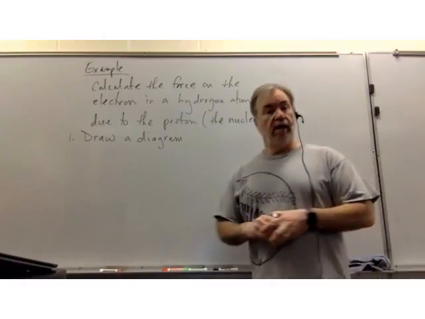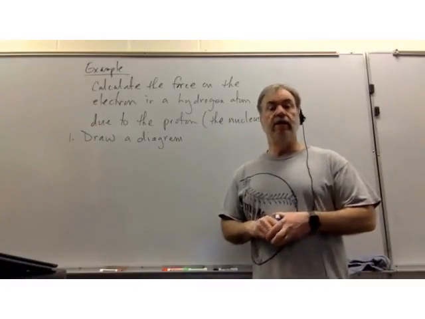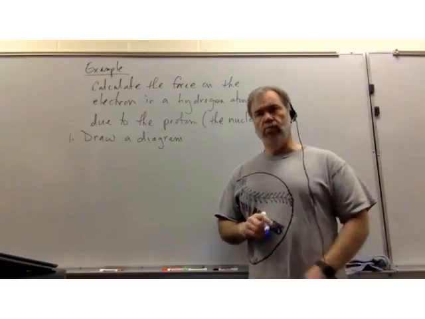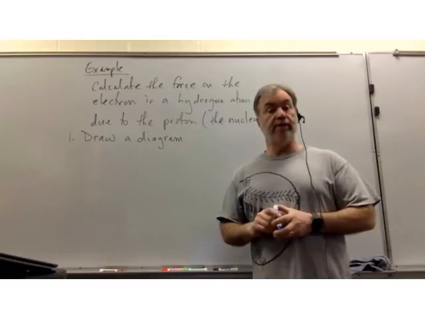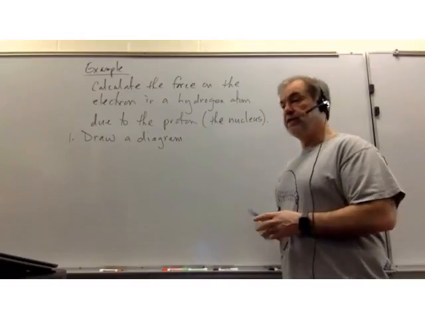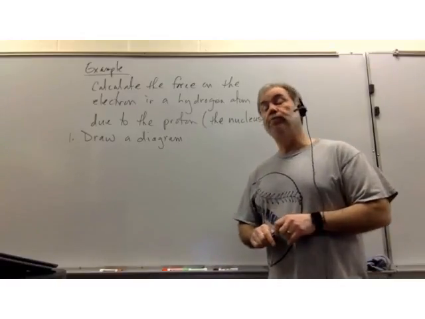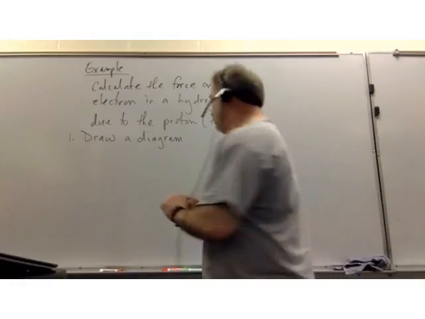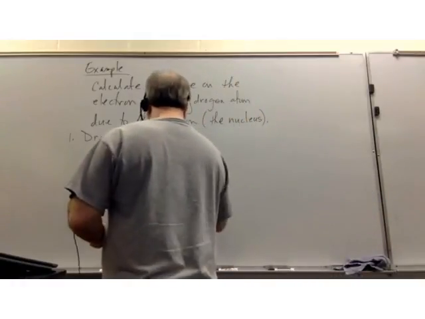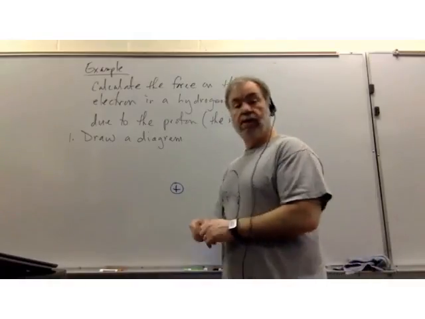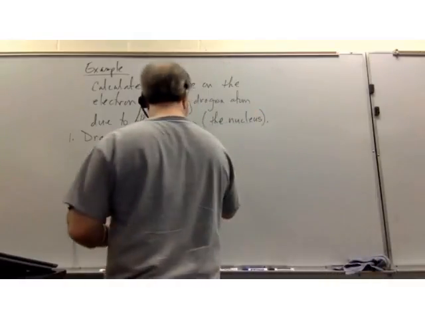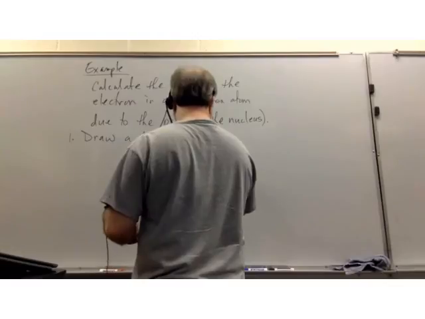Remember that the electron's mass is 1,835 times smaller than the mass of the proton. It's for that reason that we think of the electron as orbiting the proton rather than the reverse. All right, so we have a proton, positively charged. We have an electron that is out here somewhere.